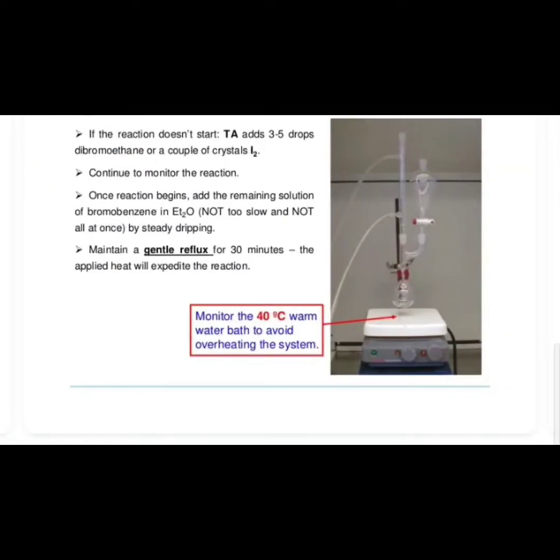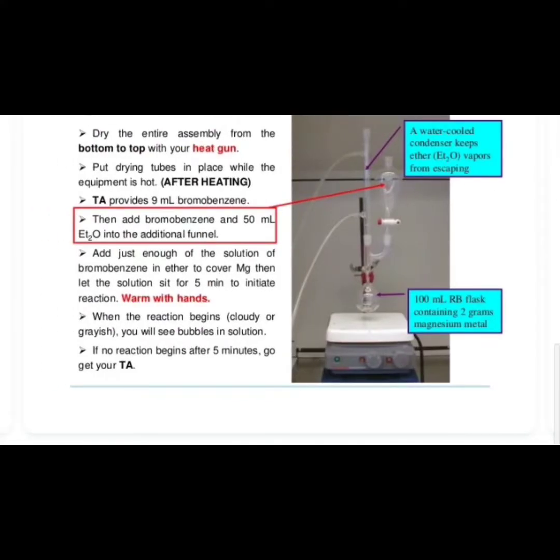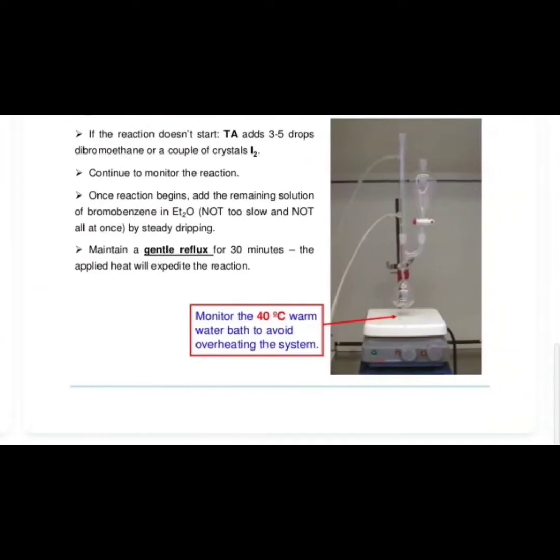You will use 3-5 drops of dibromomethane and a couple of crystals of iodine. This is the round bottom flask, and first of all you will put in the ether. If you carry out a 500 mg reaction, then 500 mg of bromobenzene is required, not the dibromo compound.